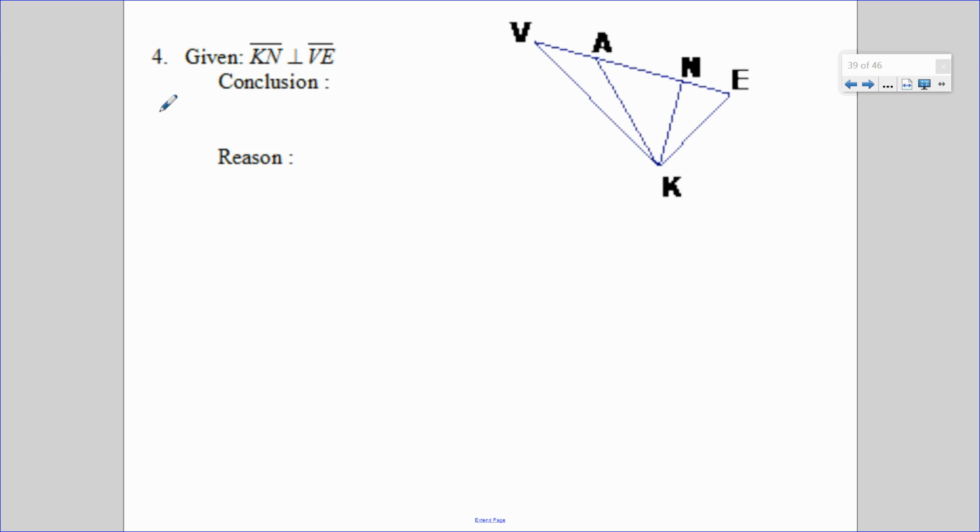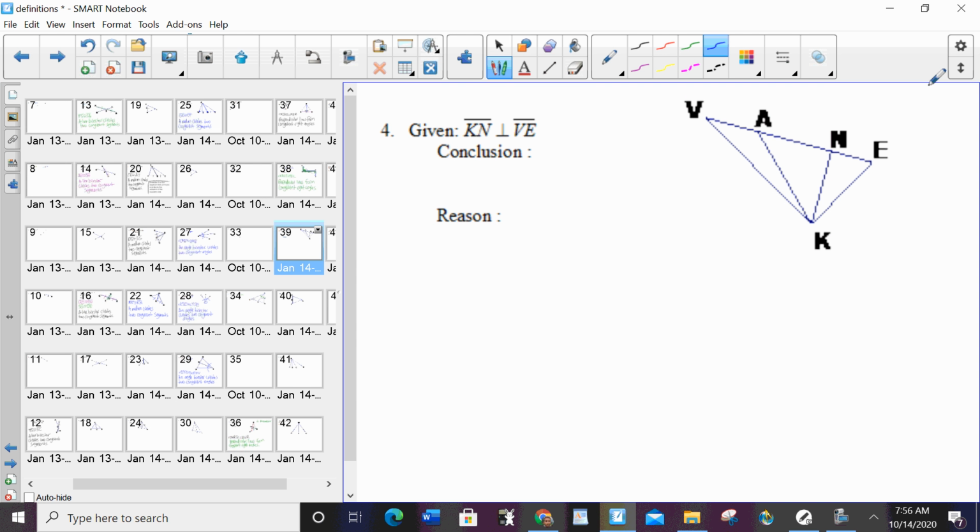Okay, at this point you should have tried number 4 on your own. KN is perpendicular to VE. I know that perpendicular lines form right angles, so I just need to find my right angles. My right angles are where the perpendicular lines meet. So KN is blue, VE is green. At what letter are my right angles?